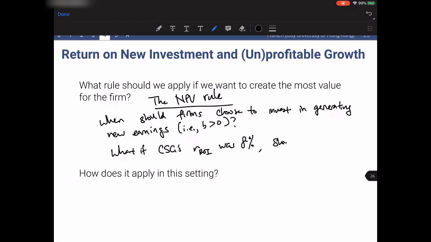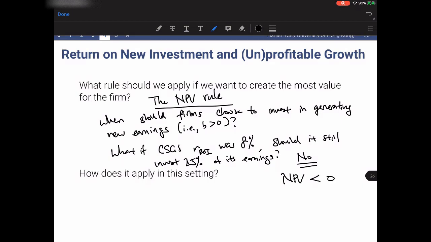Should it still invest 25% of its earnings? So if you went through and did the math, you can. I'm just going to tell you the answer now. The answer is no. And you'll see that the NPV is actually negative. And I'll show you now how we can easily show that it's true.